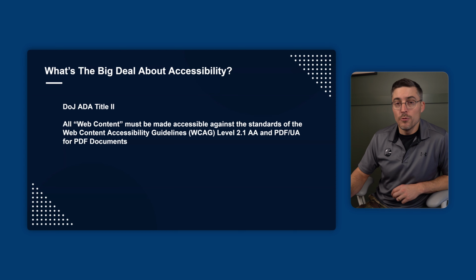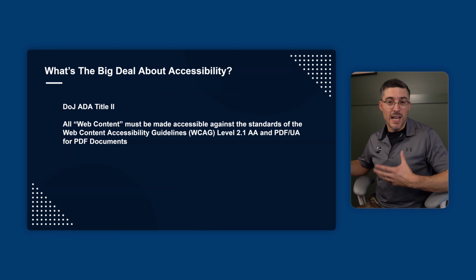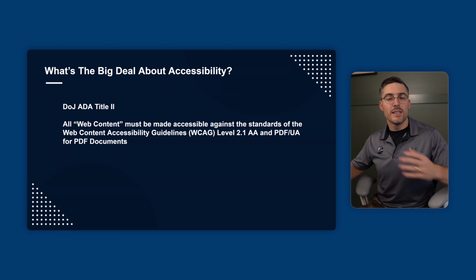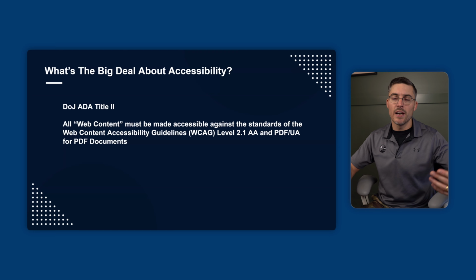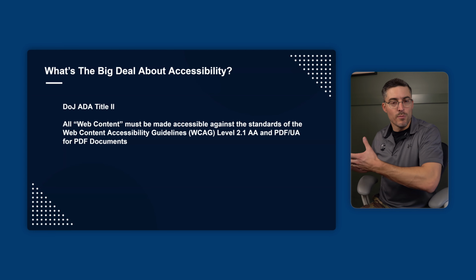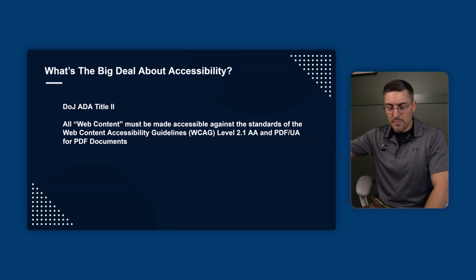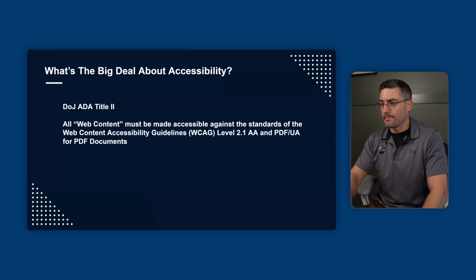And that's level 2.1 AA. So the material you have on your website, like PDFs and documents like that, they need to be accessible to sight impaired folks so that they can still utilize and access the data. Because if it's not accessible, then they won't be able to have a PDF reader read the documents to them and they can't use the information.